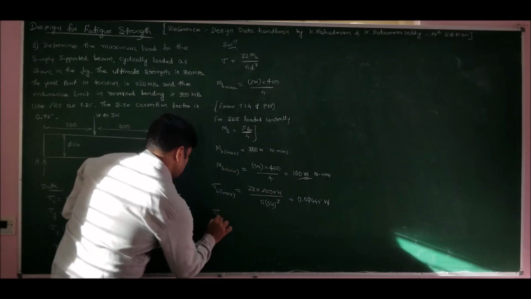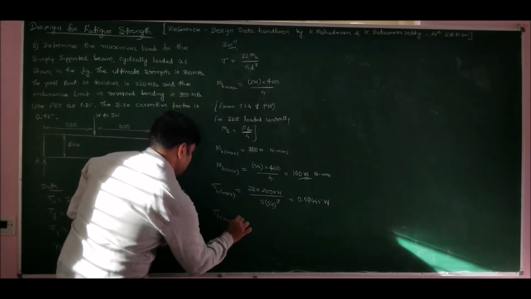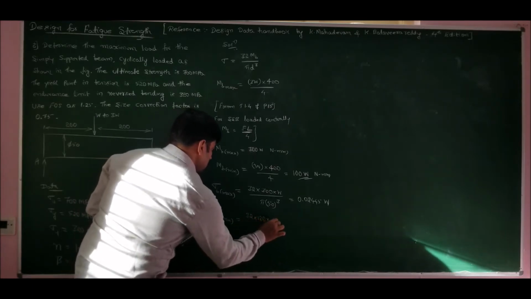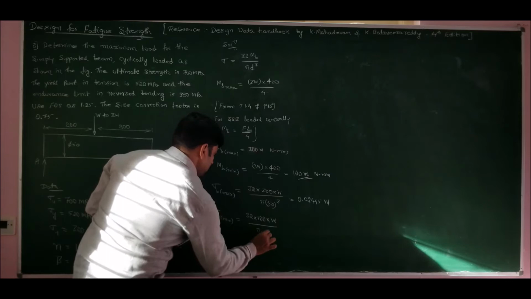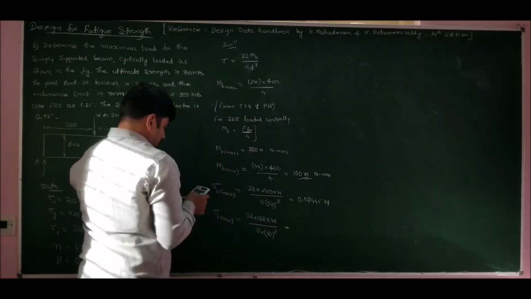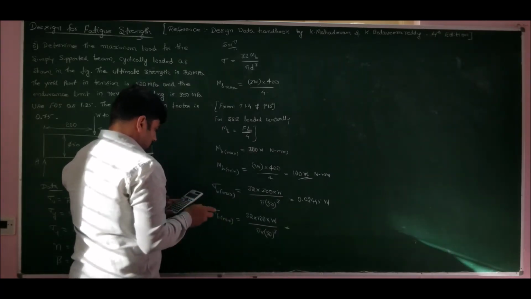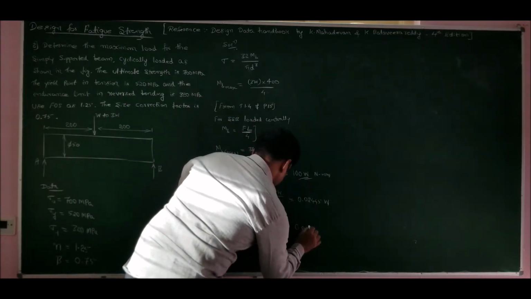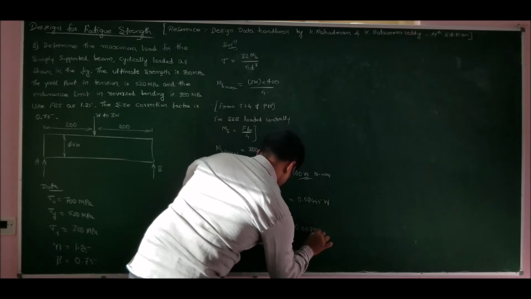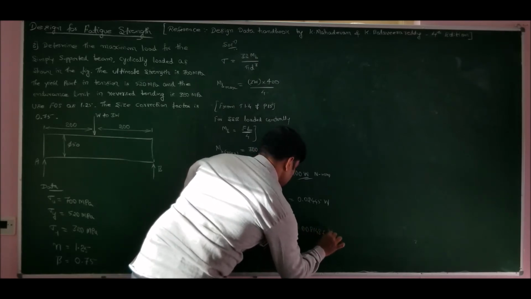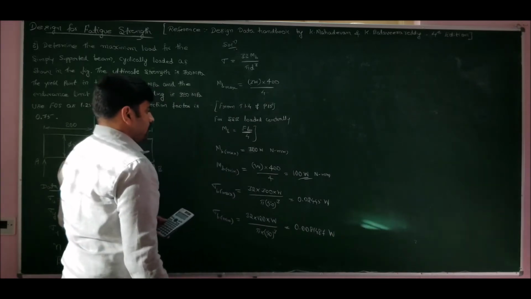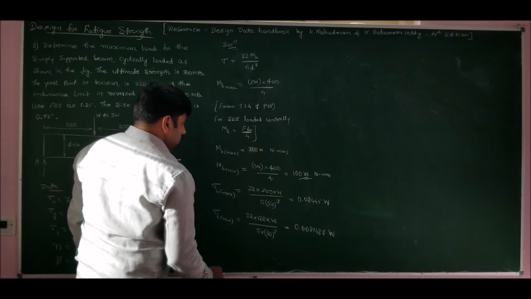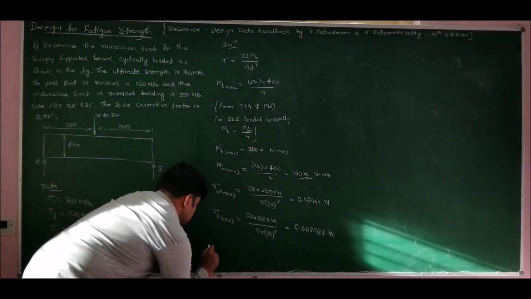Similarly, I get the value of sigma B minimum as 32 into 100 into W by pi into d cube. To solve, I will get the answer as 0.0081487 times the load. Now I can find the value of amplitude and mean stress.